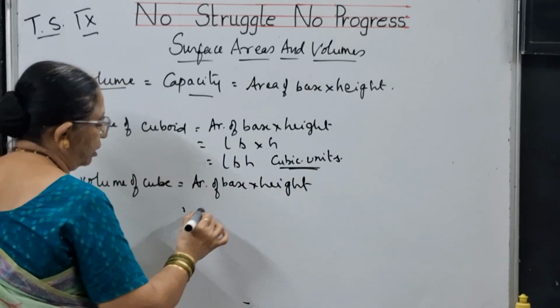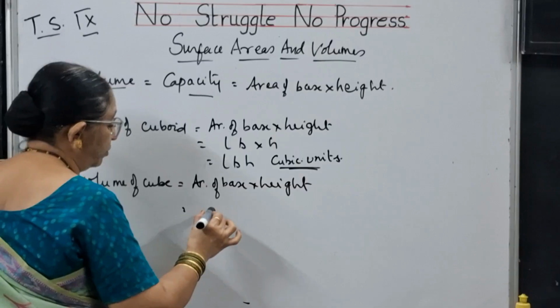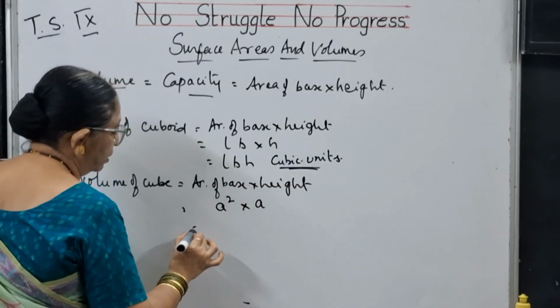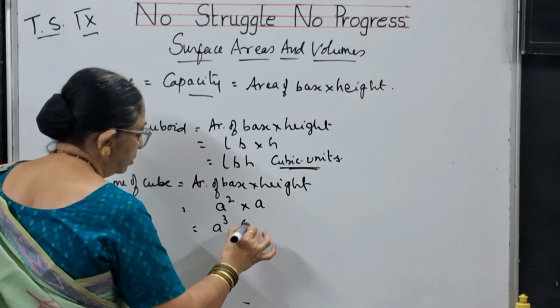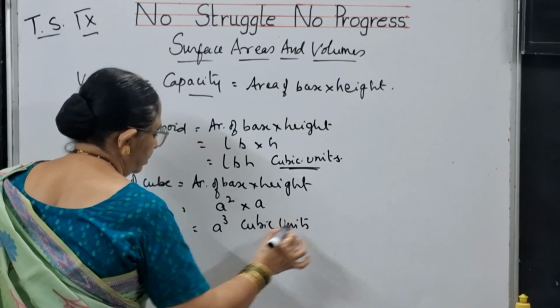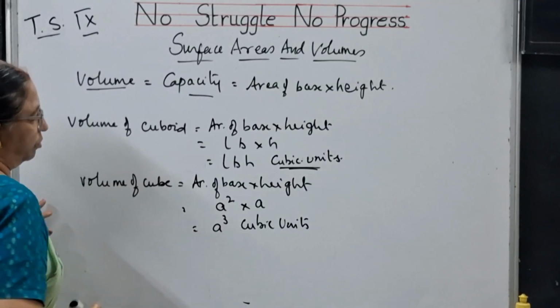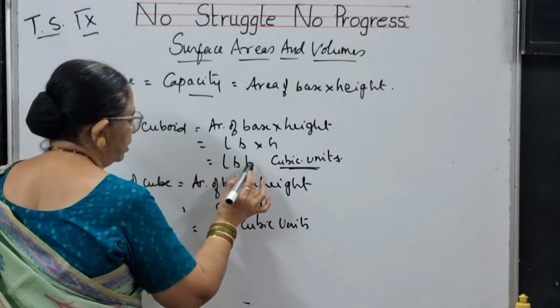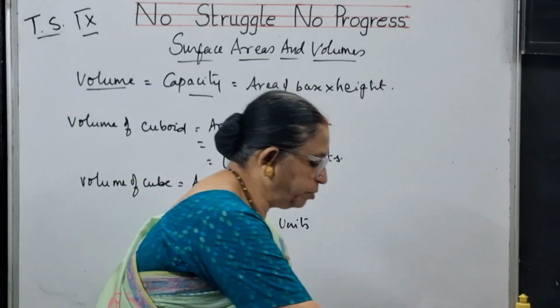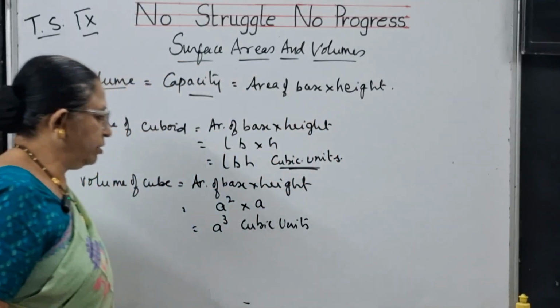Cube is in the form of a square everywhere, so area of base is a squared, into height a, that is a cubed, in cubic units. This is the volume of cube. Volume of cuboid is LBH, volume of cube is a cubed. So these are the formulae which you should remember, children.